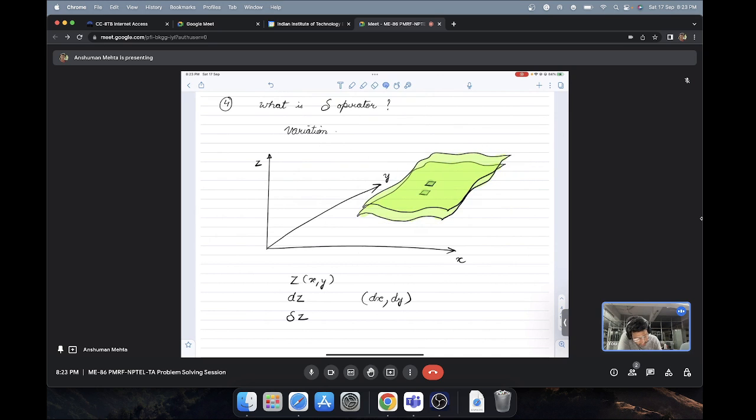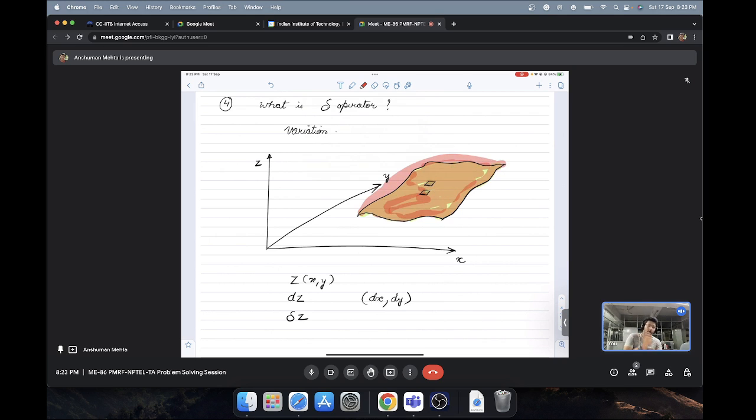Del z means this, like having a different surface altogether, such that the ends are the same, but it is having a different surface. Okay, so the ends are same, but it is kind of, let's say, having this surface.